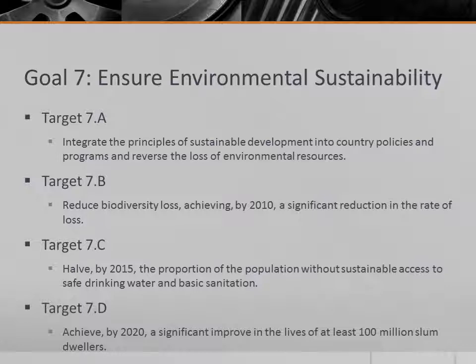So, some statistics to support some of the things that have been happening. During the last period of time, we've actually reduced the amount of deforestation. Annually, we were losing about 8.3 million hectares of forest. That is now down to 5.2 million hectares annually.